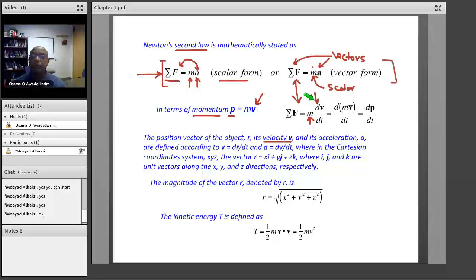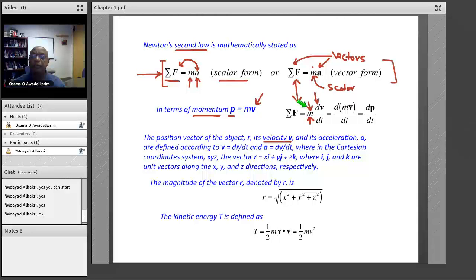Or if we think of a mass that is not changing, or the more elaborate, more accurate form of Newton's second law is to take the mass as changing with time too, and then instead of having dv by dt, you get the product mv, d(mv) by dt.